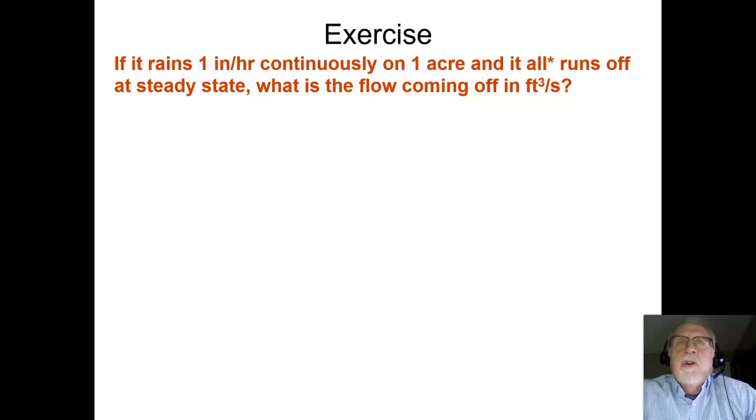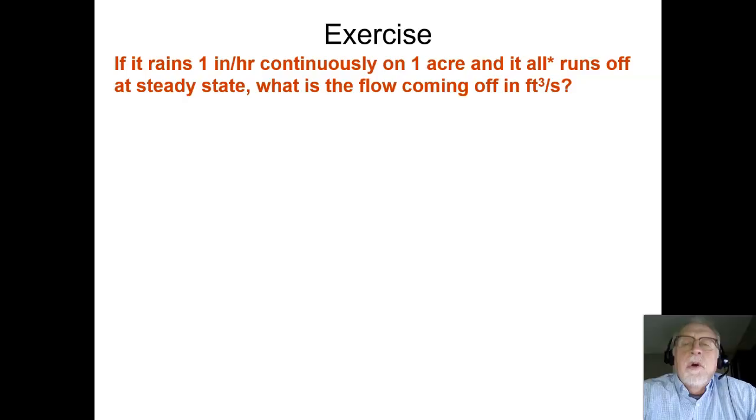Let's say you've never heard of the rational method, and you want to calculate the runoff rate, the rate of flow from a 1 acre parking lot, for example. And so we say if it rains 1 inch per hour continuously on 1 acre, and all of it runs off at a steady state, what is the flow coming off in cubic feet per second?